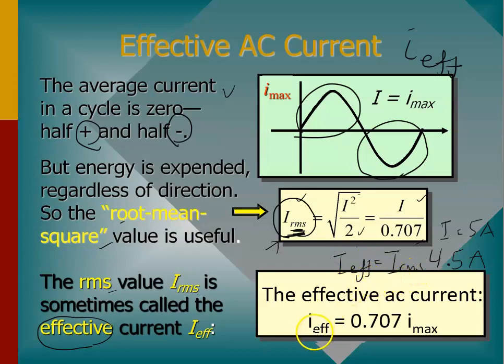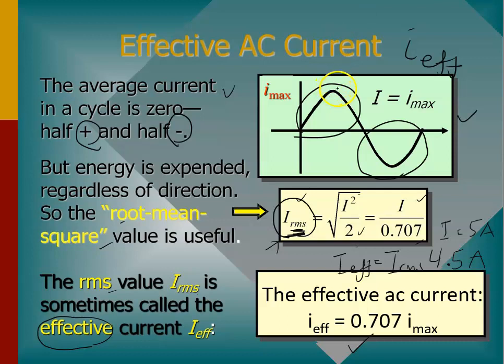So I effective can also be written as I effective equals 0.707 times the maximum current. In this graph, my I maximum is where the point is the highest.